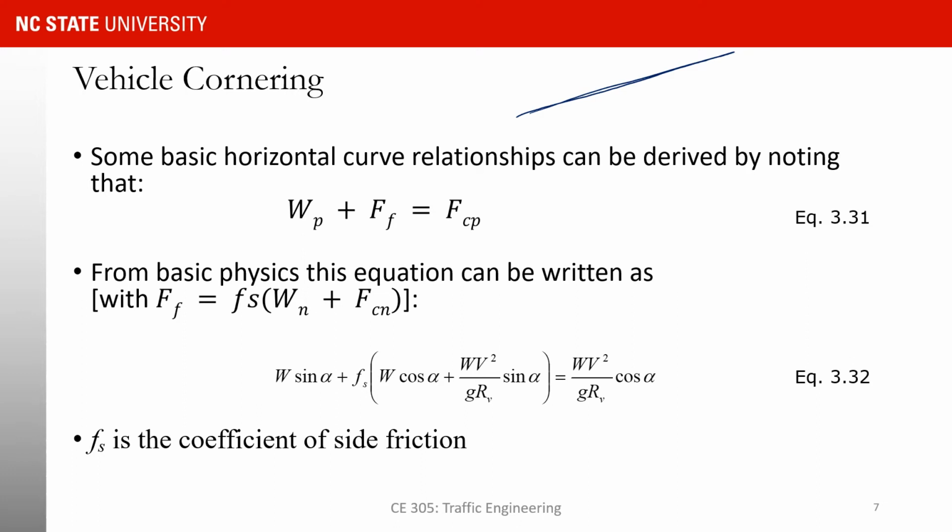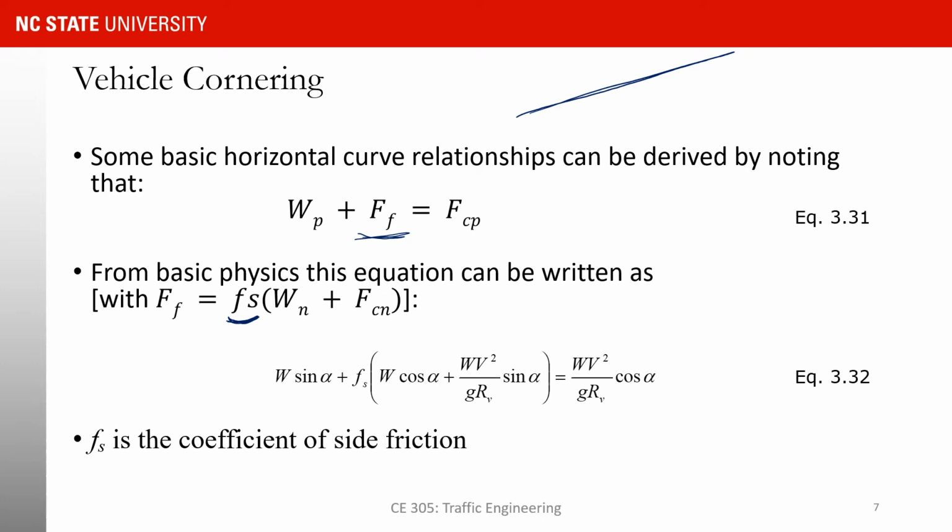Okay, so we know that F sub F, or side friction force, is equal to the coefficient of side friction, or F sub S, multiplied by the normal forces that the vehicle is experiencing, right?